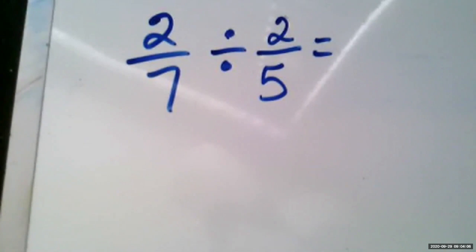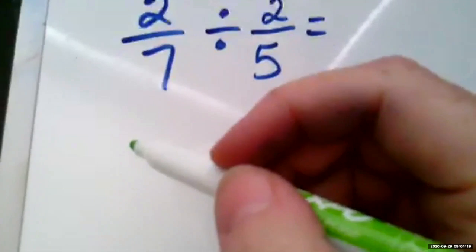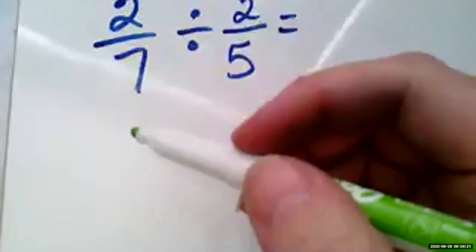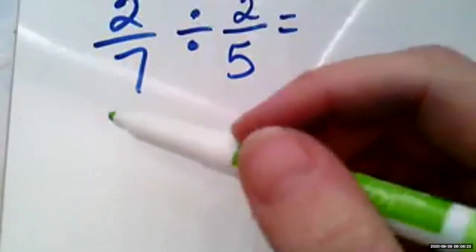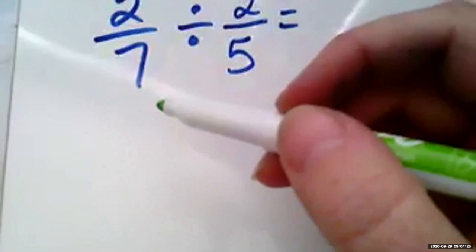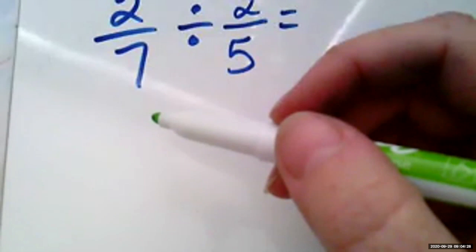Aaron, reduce your answer. Chloe, Isabella, good. Xavier, Drake, yep. I'm seeing lots and lots of right answers. Sebastian, no. We're going to try again. Hayden, reduce your answer. Aubrey, no.